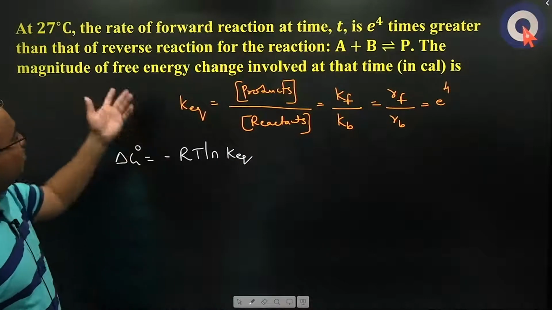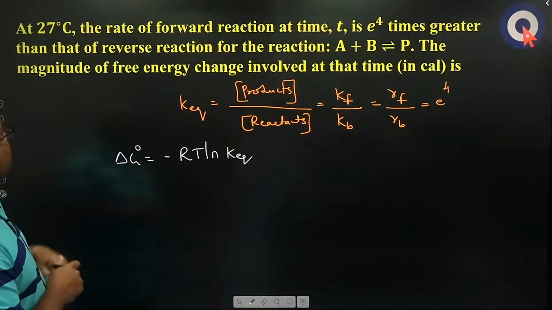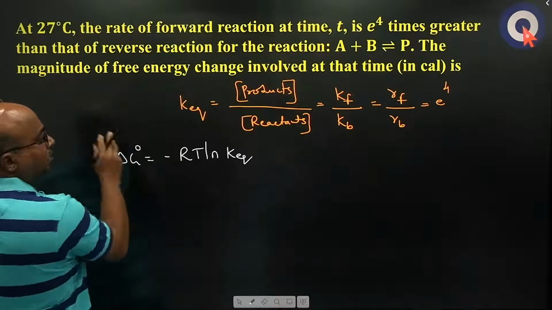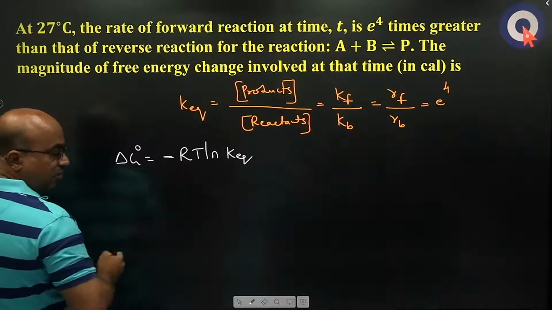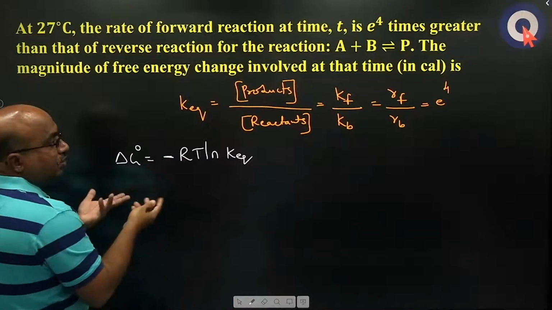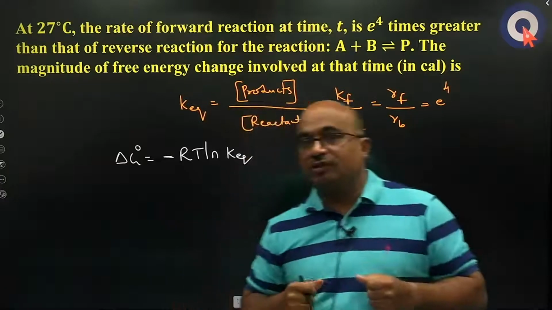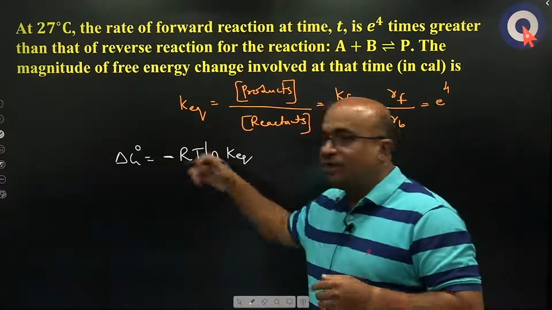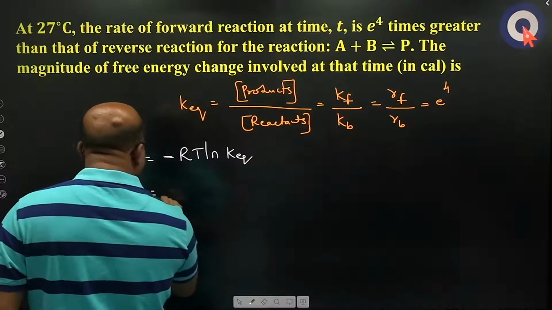What we have to calculate is the magnitude of the free energy change involved, so we don't use the negative sign here. If this type of application is asked in a numerical question, the sign will not be taken. We take the magnitude value.